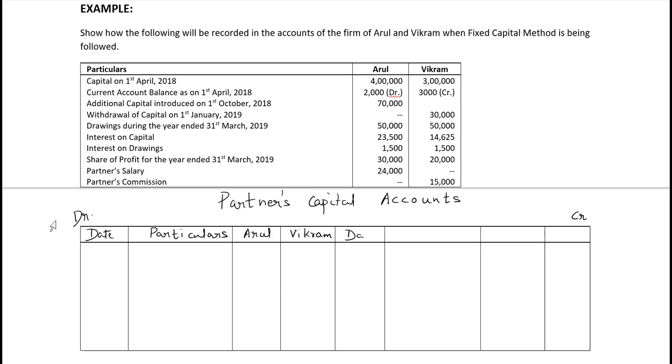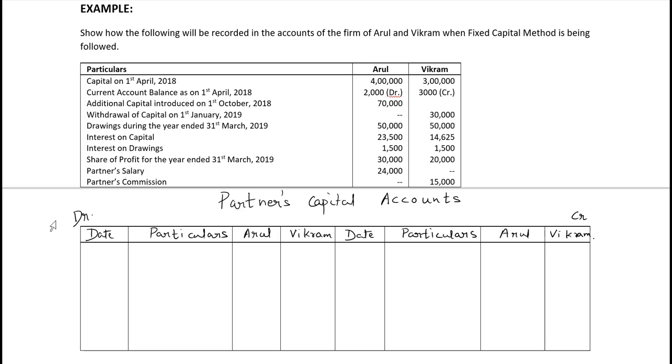And also on the credit side again, date, particulars, Arul and Vikram. It's a partner's capital account.